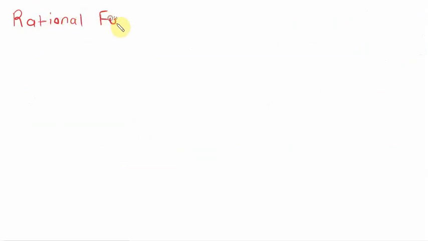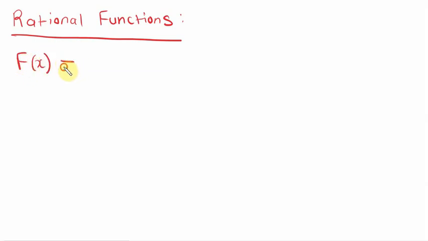Rational functions. So, a further look at rational functions. In the previous video, we found out that a rational function is a function that has a numerator and a denominator, and we defined it as a ratio of two polynomials.